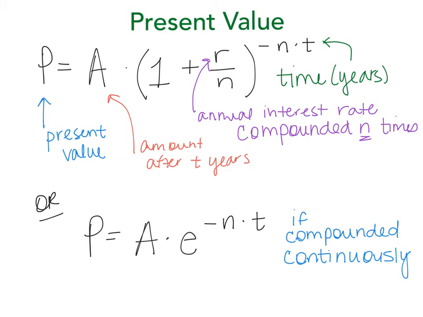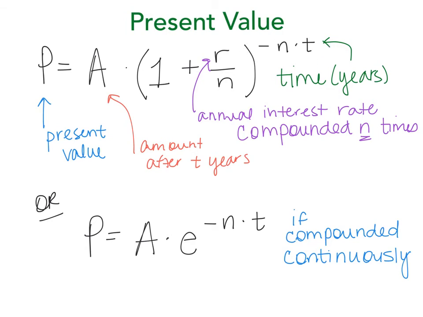So the first one is this one up here, which starts with our present value. How much is this lump sum of money worth? And that's going to be equal to the amount that I am hoping to have after T years, and that we put into 1 plus R over N, where R is our annual interest rate, compounded N times in a given year, and it's all to the negative power here.